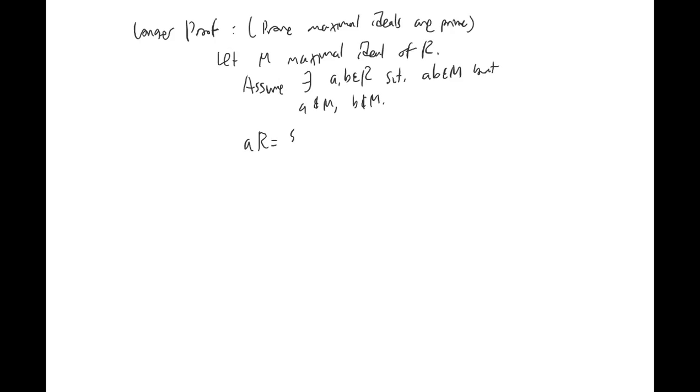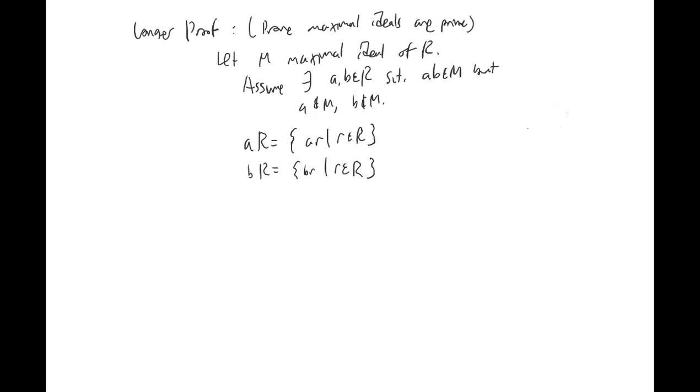Is AR, the set of Ar such that r is in R, and BR, the set of Br such that r is in R, an ideal? Let's practice definitions here. Is it an additive subgroup? Ar1 plus Ar2 is certainly closed under addition, because this is a ring, so this is still A times something in R by the distributive property.